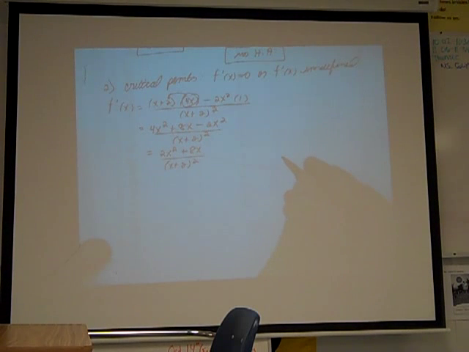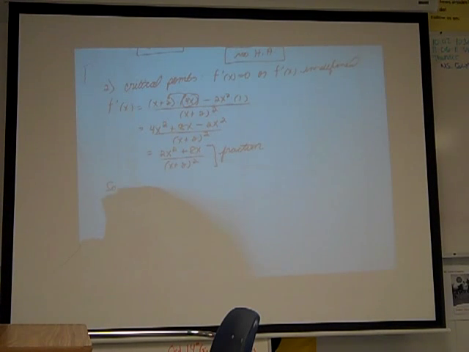And now here's where we need to think about this as a fraction. This is just a simple, well, not a simple, it's an interesting fraction. What I know is if the numerator of a fraction is equal to 0, then the whole fraction is equal to 0. I also know that when the denominator of a fraction is equal to 0, the whole fraction is undefined.